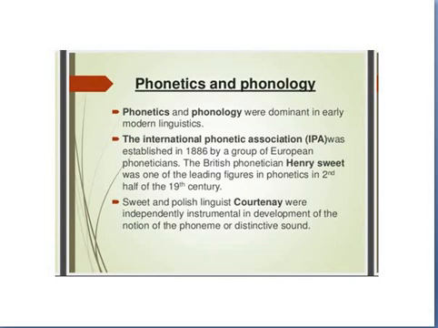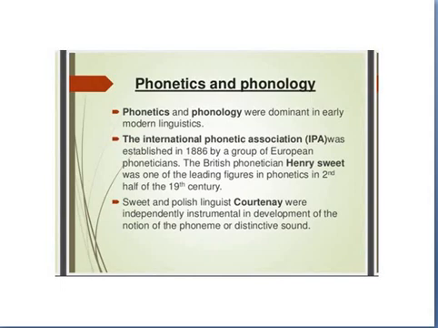And next is phonetics and phonology. As you know, we have studied these topics before. Phonetics and phonology were dominant in early modern linguistics. The International Phonetic Association was established in 1886 by a group of European phoneticians.